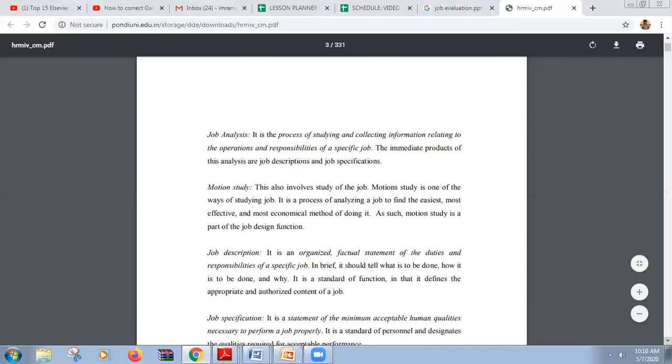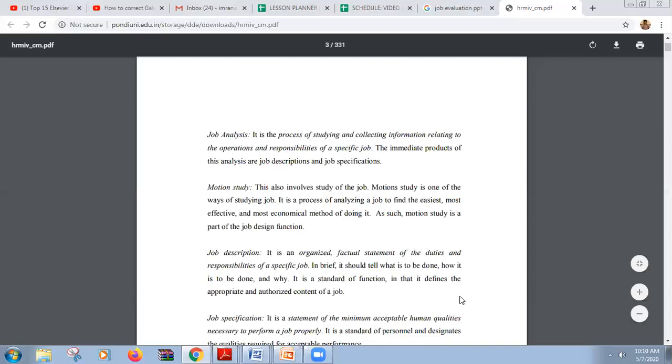What is the process? On what machine is it done? How much time will it take? How much time should it take? This is defined by the job analysis. It is an organized factual statement of the duties and responsibilities of a specific job. In brief, it should tell what is to be done, how it should be done, and why it is the standard of the job.